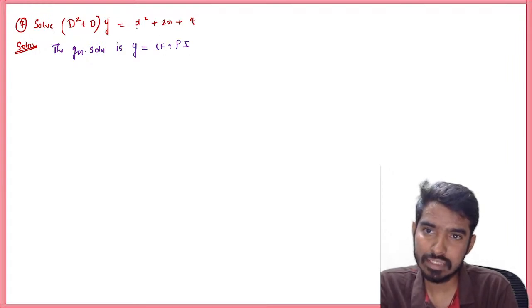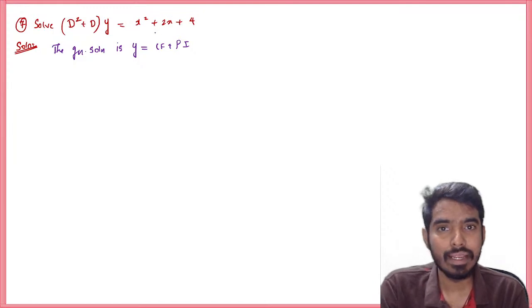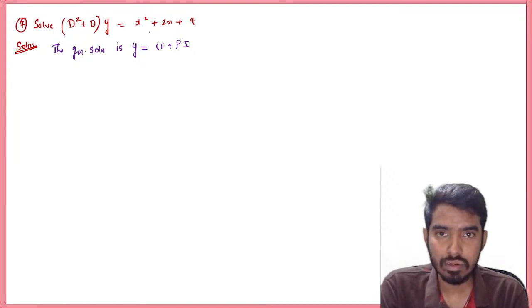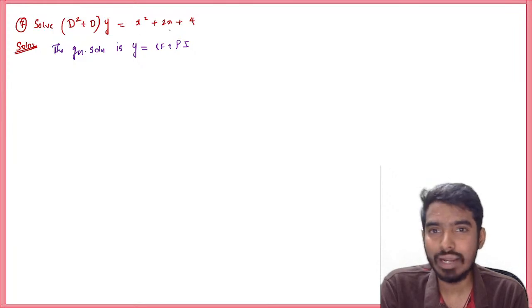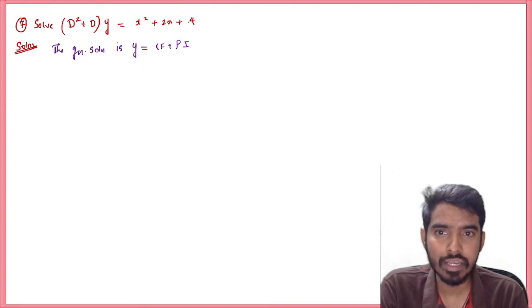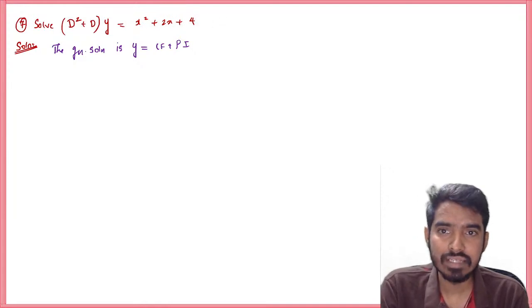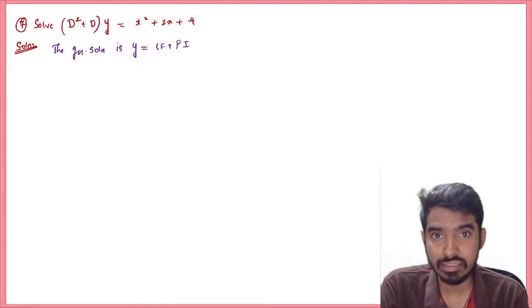I'm going to take this as a single term and I'm going to apply type 3. Type 1 is e power x, type 2 is sin x or cos x, type 3 is polynomial in x, right? You can either take all to be PI or you can do separately PI1, PI2, PI3. For PI1 and PI2 you need to apply type 3, and for this type 1, because this is 4 into e power 0x. So replace d by a, which is 0 here.